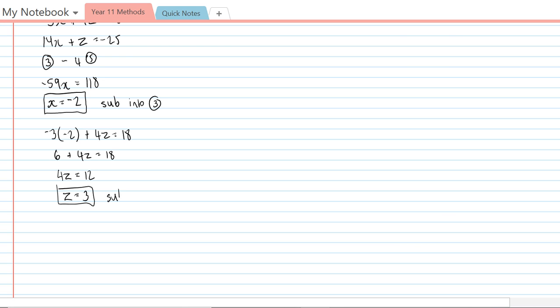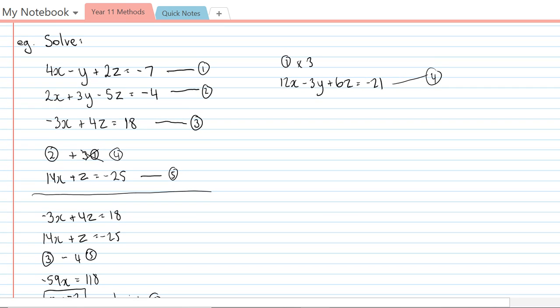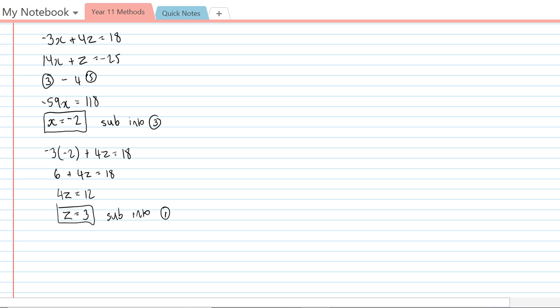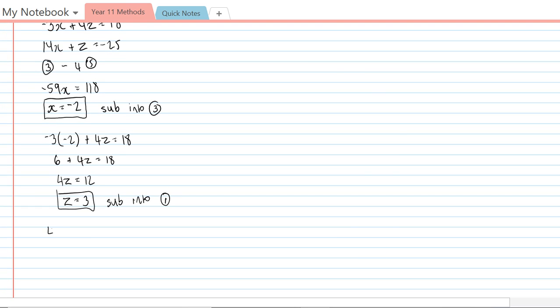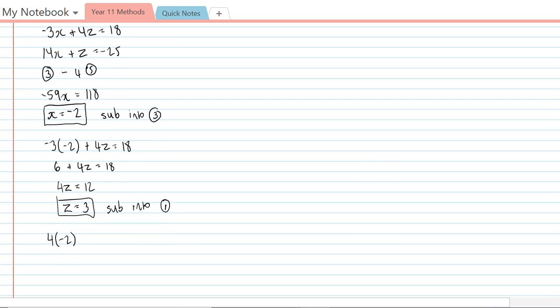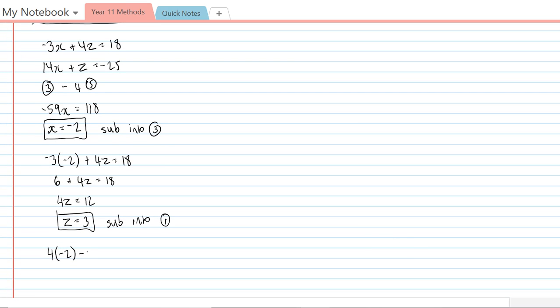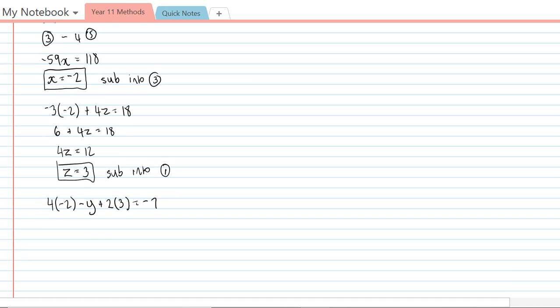I can sub these into one of the equations from the beginning to get y. So I'm going to sub that into equation 1. That was 4x minus y plus 2z equals negative 7.